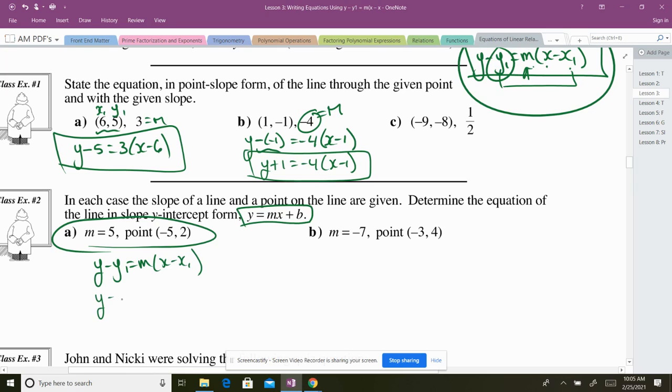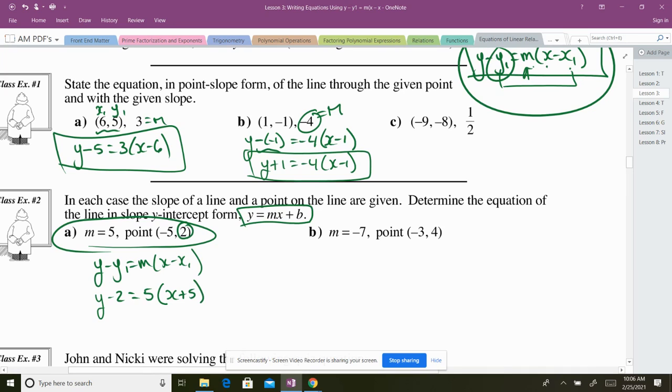Y minus what? 2, right? There's my y value. Oh, sorry. Equals, what's my slope? What's my slope, people? 5, thank you. Times (x minus -5). What's minus x plus 5? Good job.